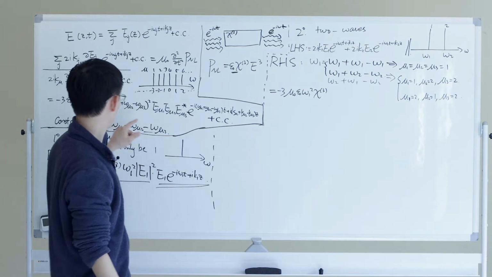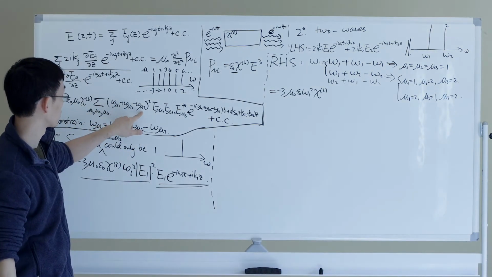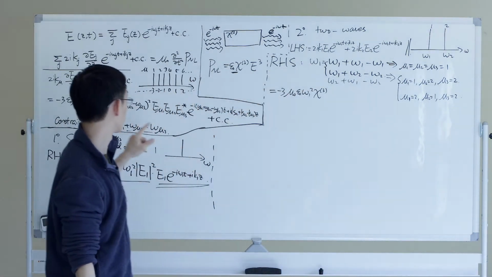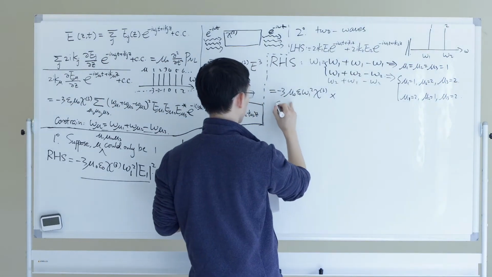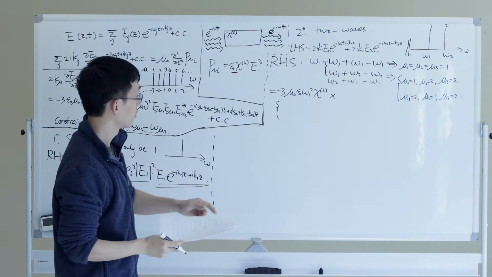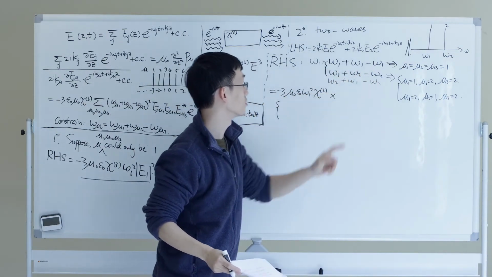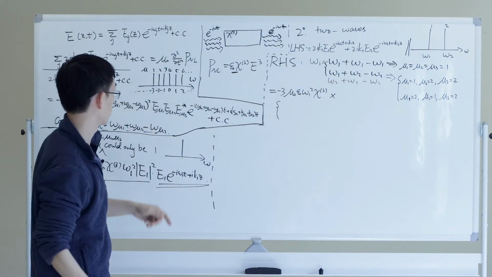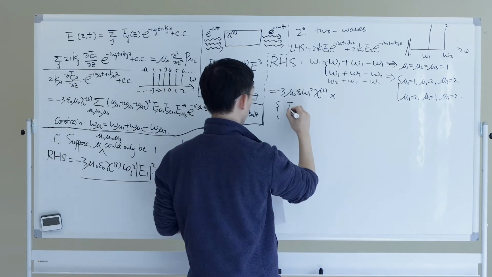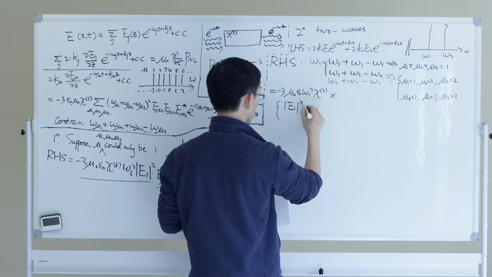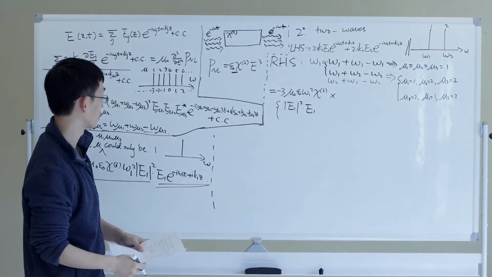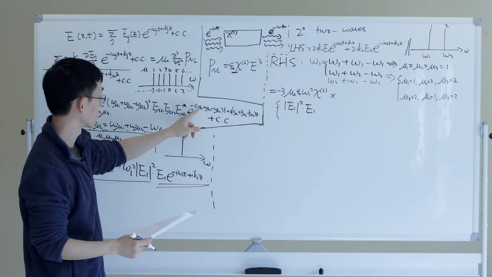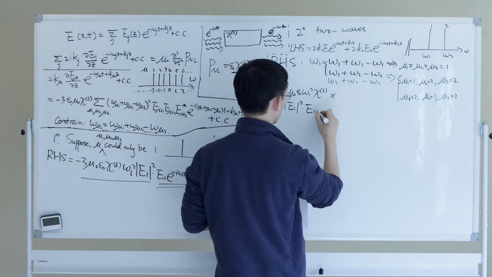Because here omega mu1 plus mu2 minus mu3, we let it be omega 1, so this term is common, times the first one, 1, 1, 1, so it will be E1 squared times E1, and then the frequency term here is e to the minus i omega 1 t.